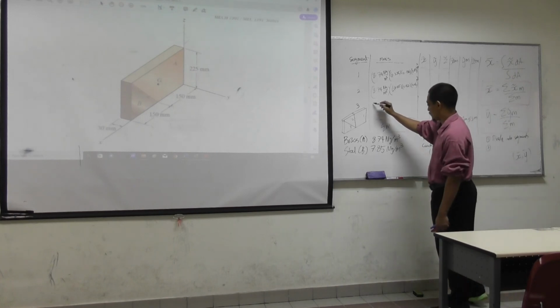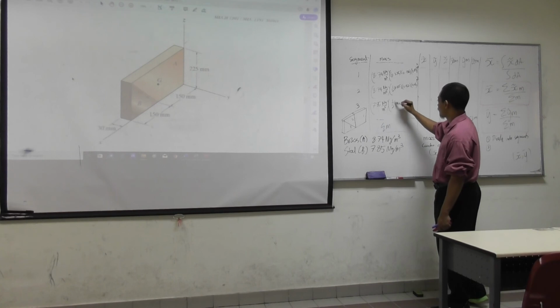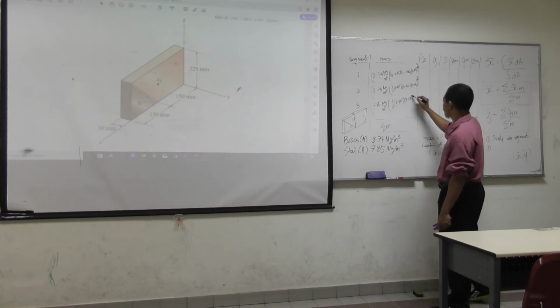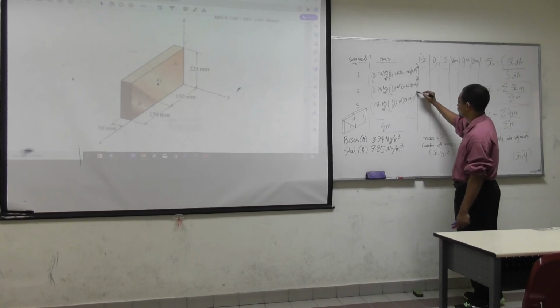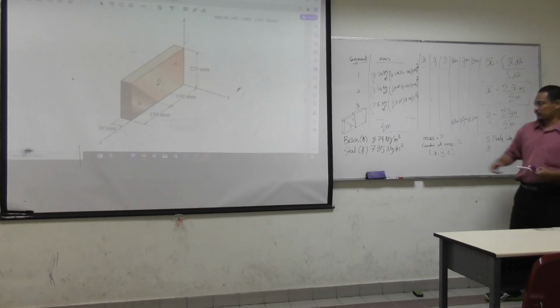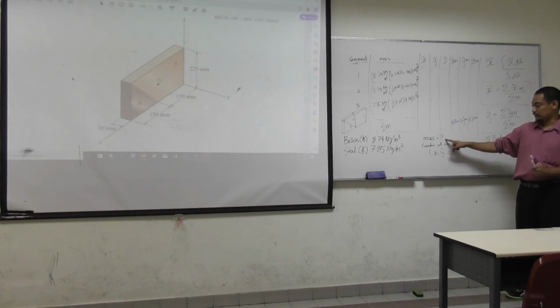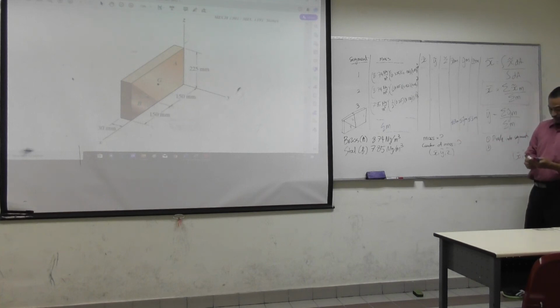This one is 7.85, and you calculate that, you get summation of mass, and that already gives you the answer of what is the total mass. Right.